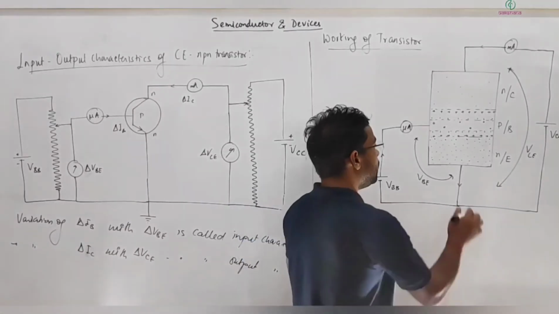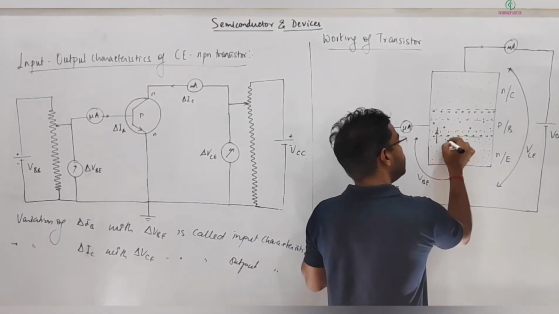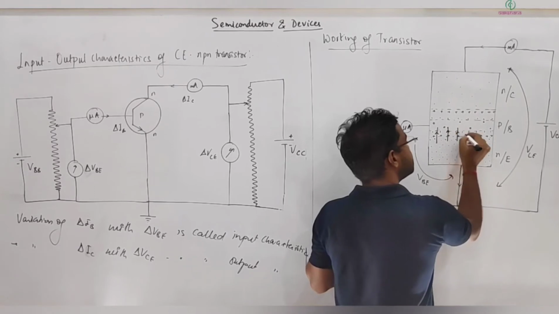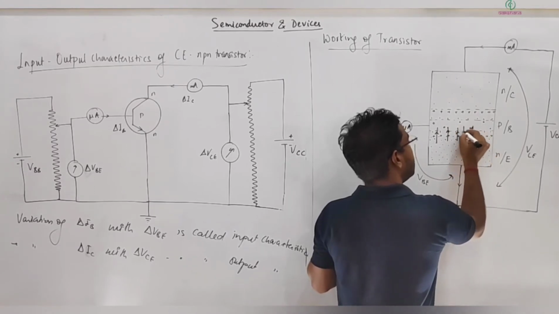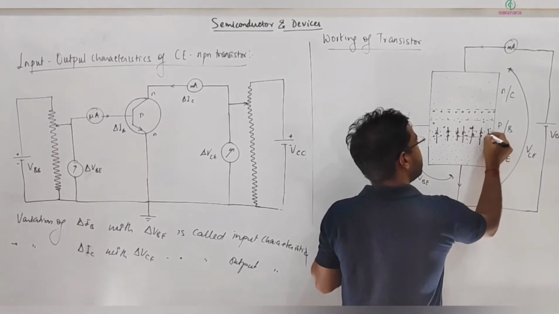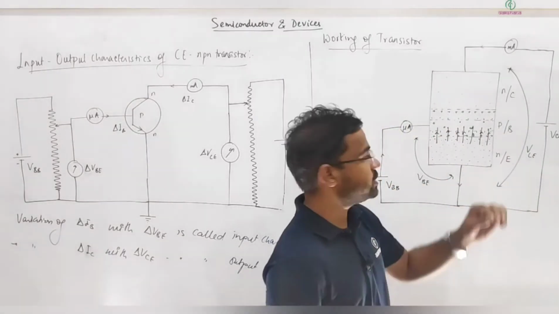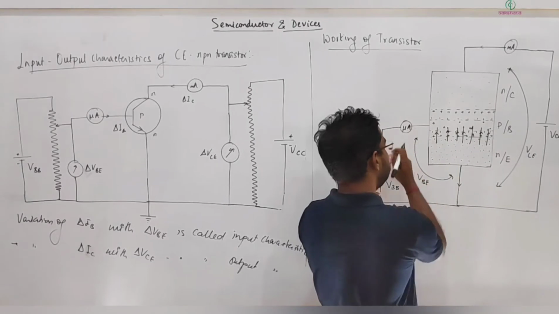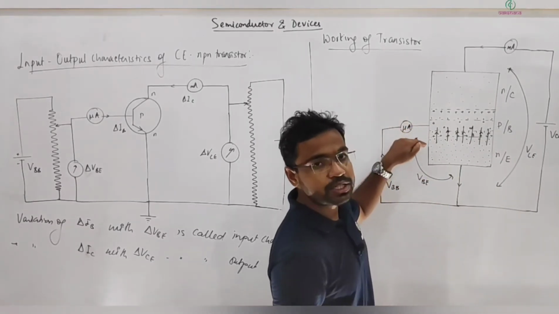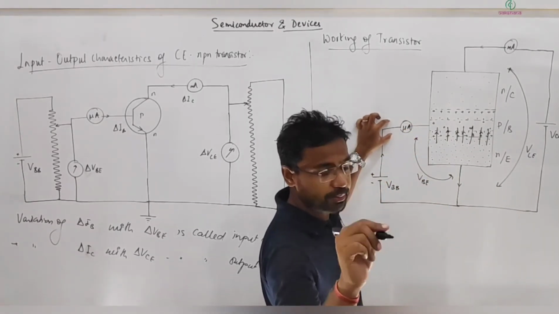So all the electrons moving from this side into the base cannot combine with holes in the base region. Only a few electrons will combine here, and that will constitute some base current. Remember that.